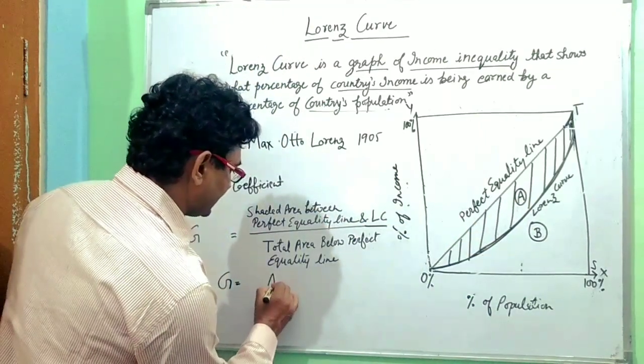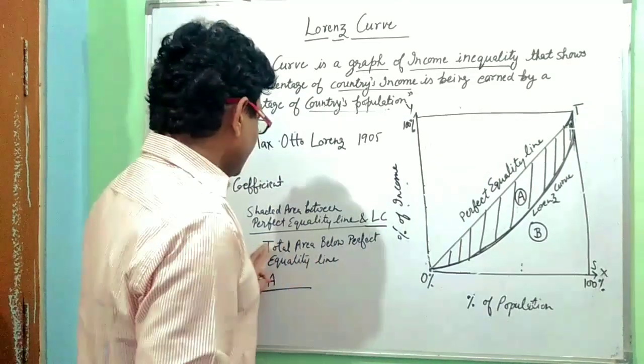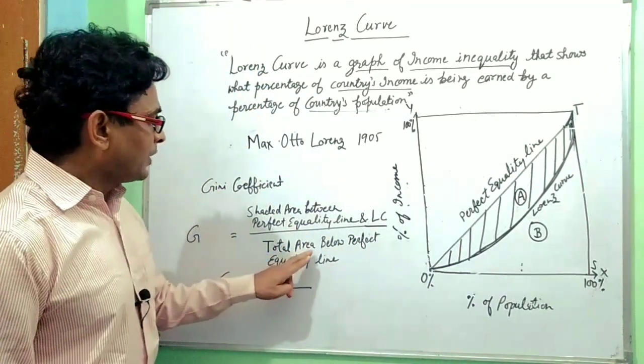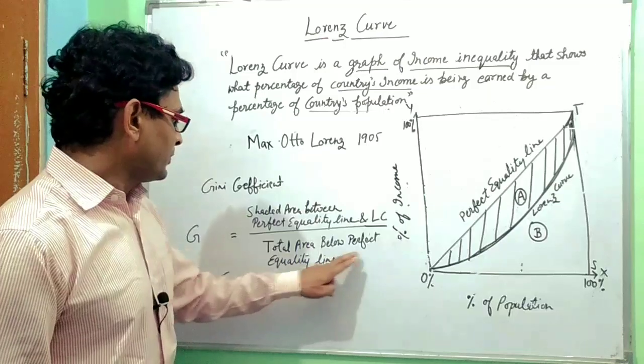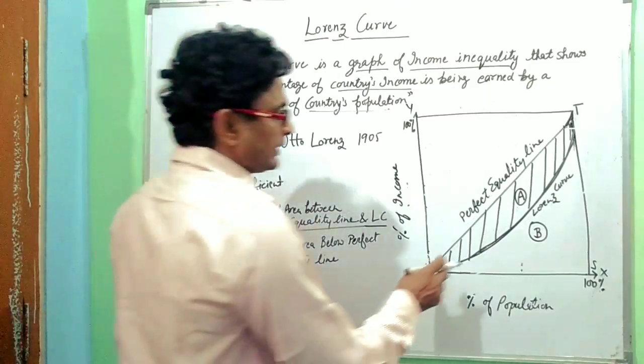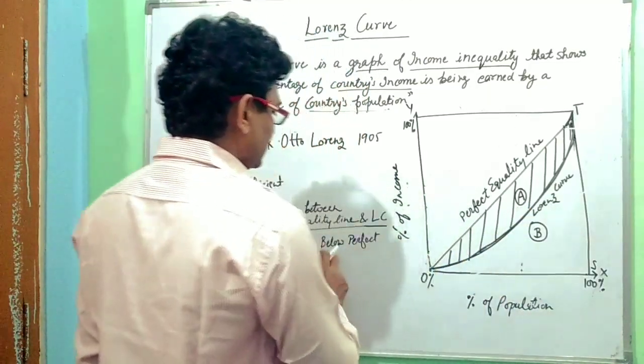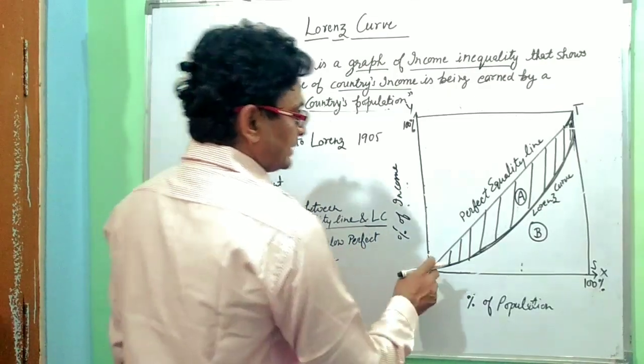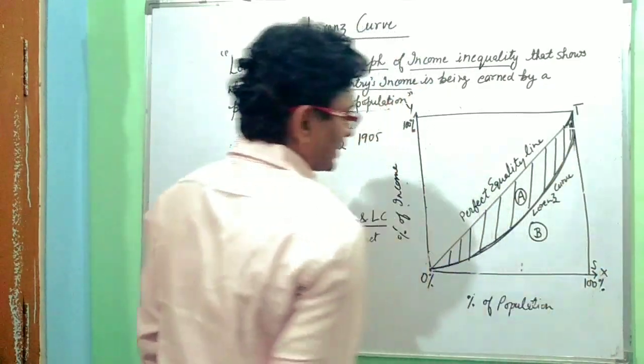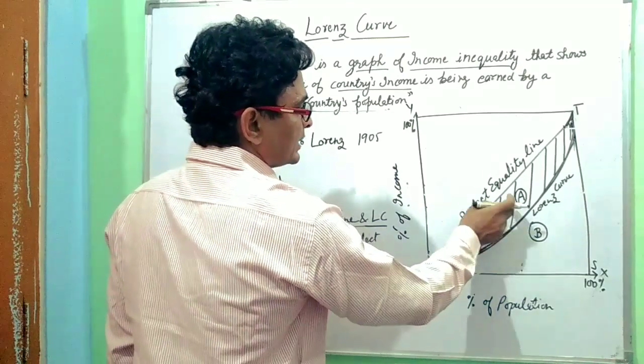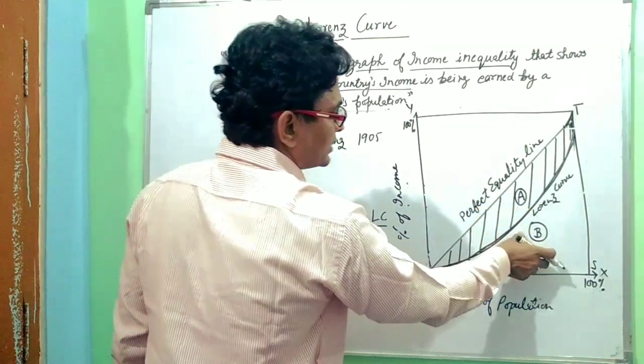So we put it here A, over the total area below the perfect equality line. The total area below the perfect equality line is OTS, but this area is divided into two parts, shaded area and unshaded area.